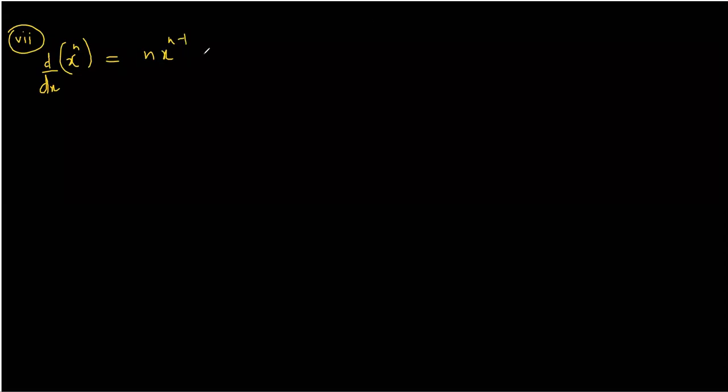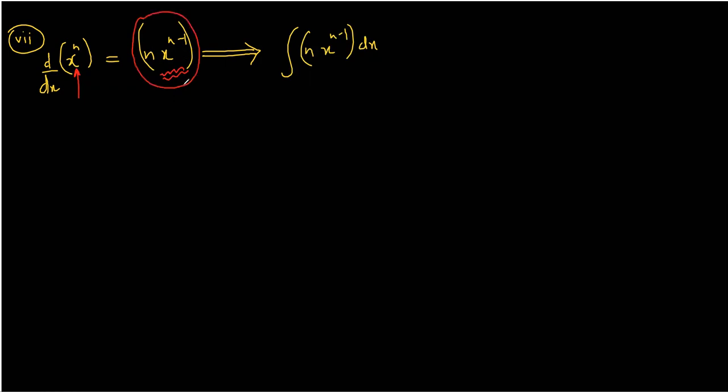Now when I apply the definition of integration on this, I will get integration of n x raised to n minus 1 dx. I'm writing the derivative of this, which is this, so definitely I will get integration of this only.